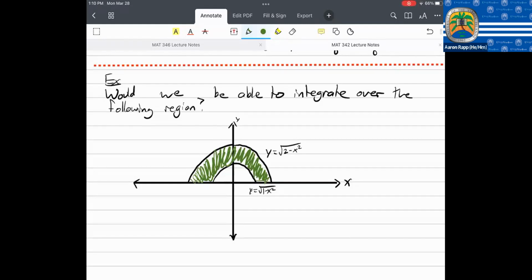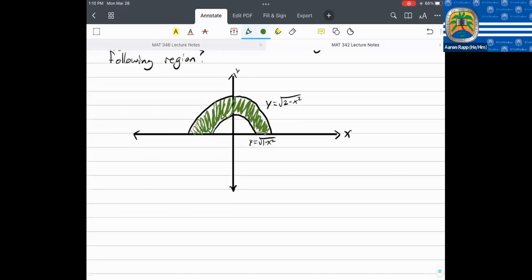Can I write this as a type 1 or type 2 domain? Yeah, technically I got a type 2.